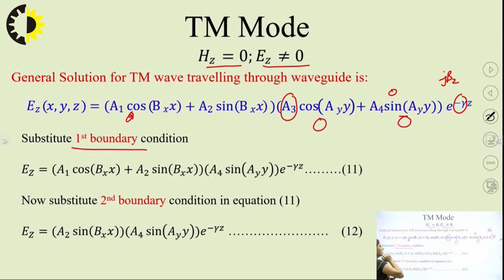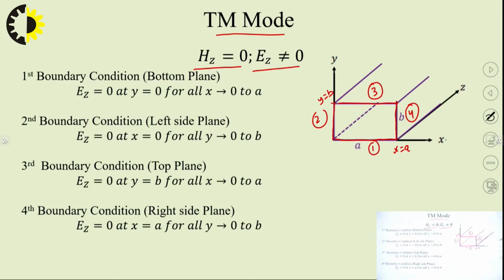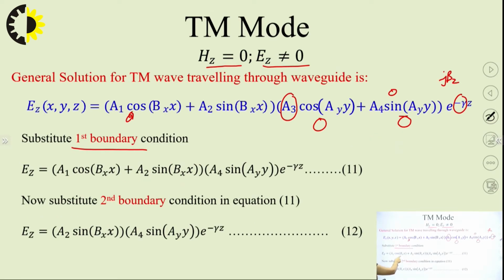Now in this equation I will put boundary condition number 2. It says that Ez is 0 at x equal to 0. So cos 0 will be 1 and sin 0 will be 0.